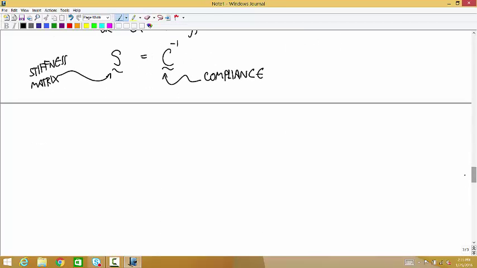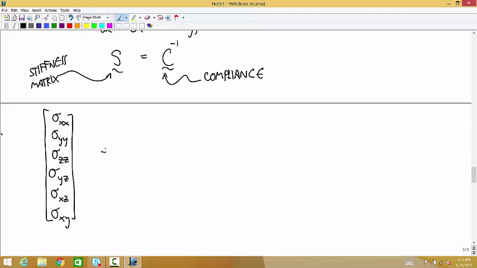And so talking about it in terms of the stiffness matrix, you get that the stresses are equal to the 6 by 6 stiffness matrix times the strains.